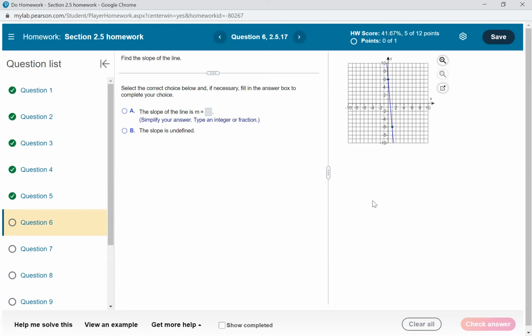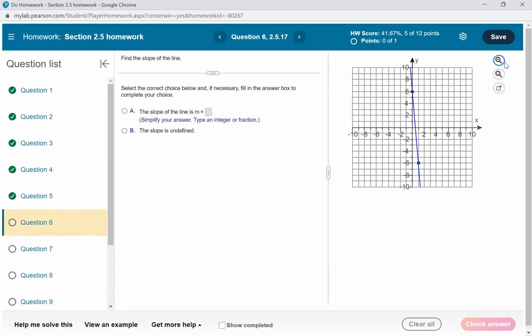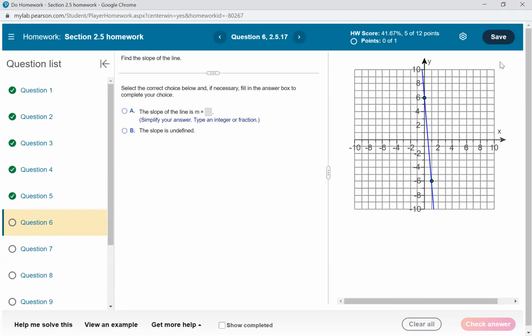Okay, also, let me move my little chat out of the way a second. So look at this. I'm going to make this larger for you. So if you notice, this one's going to use the slope formula.